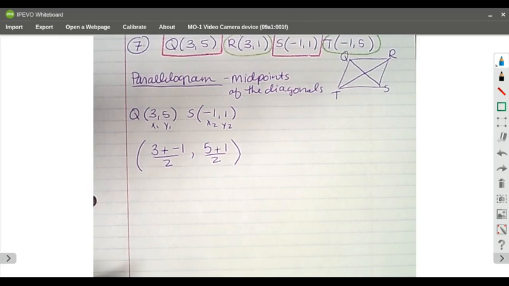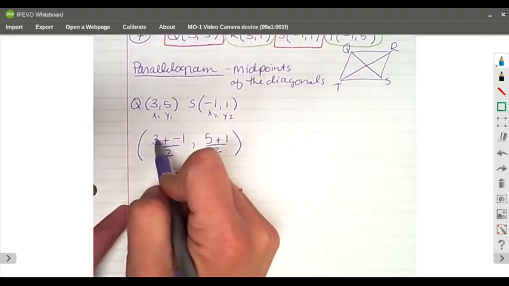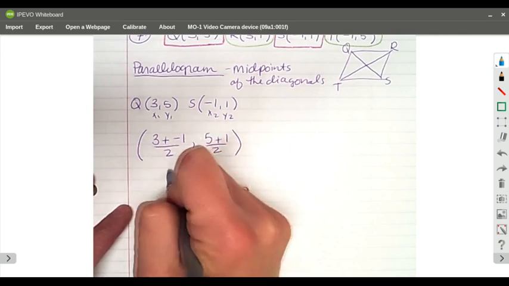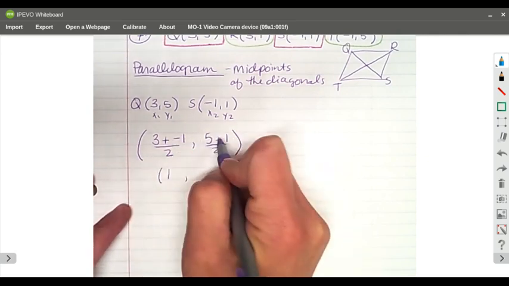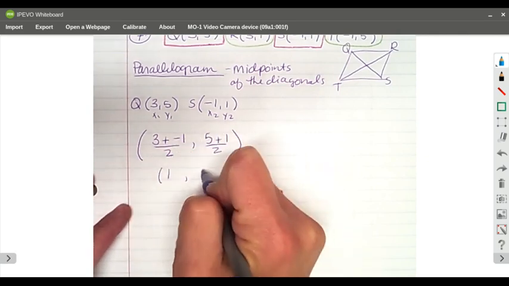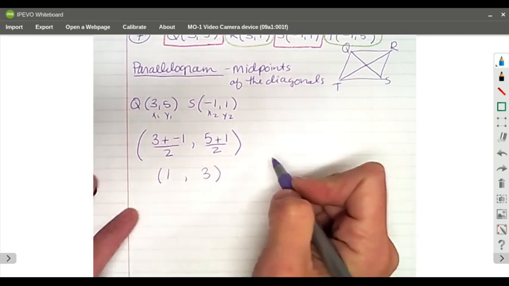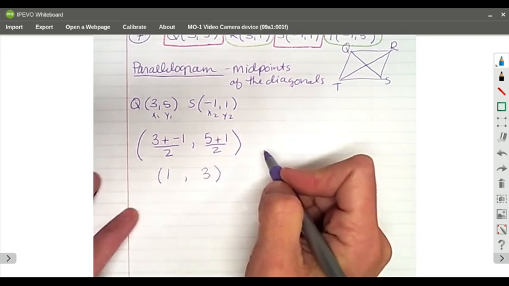That's what it looks like when you plug it into the midpoint formula, and then we simplify. So 3 plus negative 1 is 2, 2 over 2 is 1. 5 plus 1 is 6, 6 over 2 is 3. So the first one, QS, is 1 comma 3.